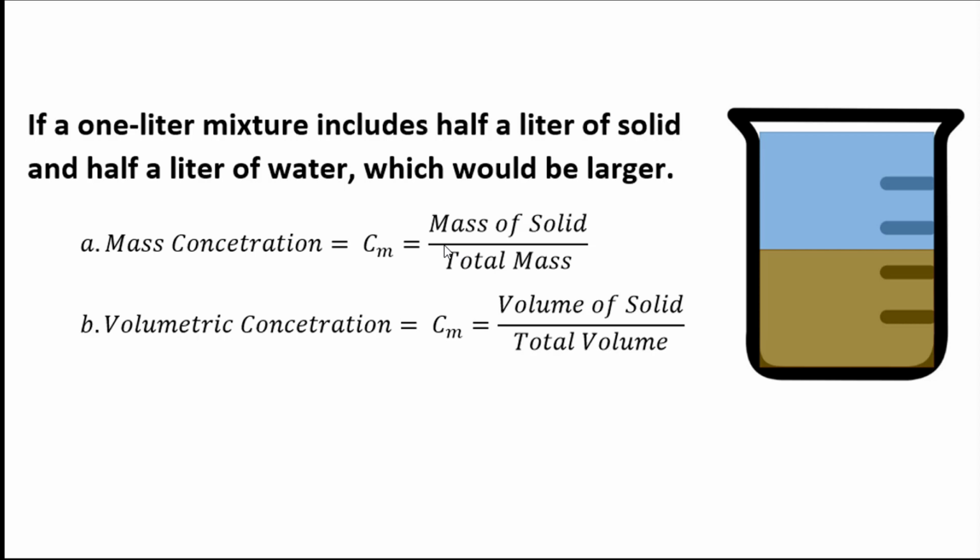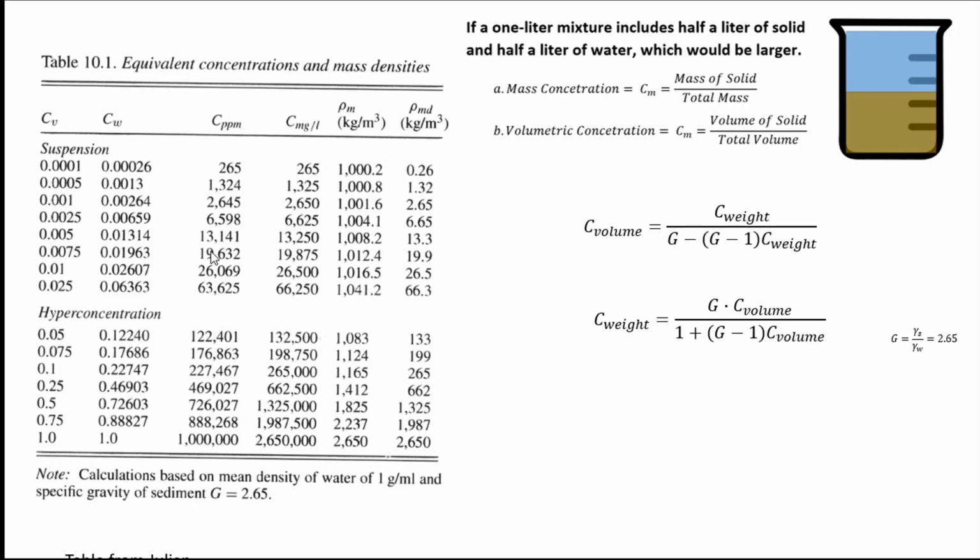Let me just give you 4. Concentration by mass, concentration by volume, parts per million, milligrams per liter. If you look at Julian's textbook, he has a very helpful chart in there that helps you convert between them. What you'll notice is that at concentrations that we're used to dealing with, parts per million and milligrams per liter are essentially the same.